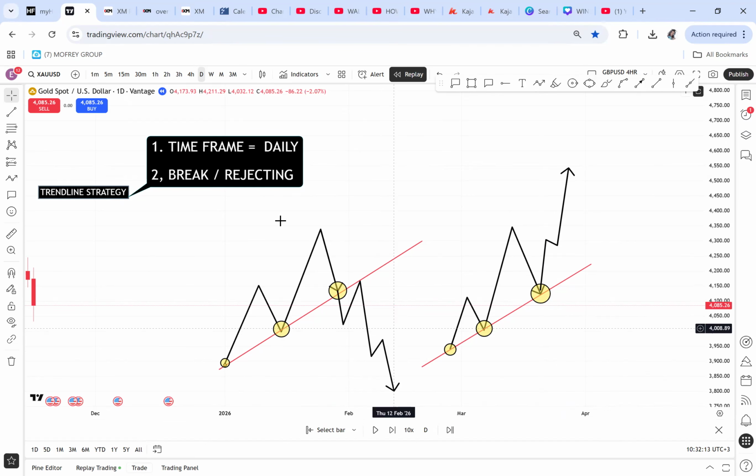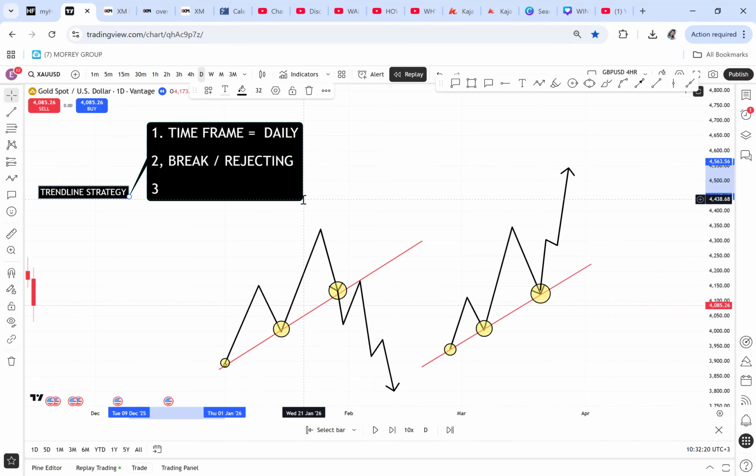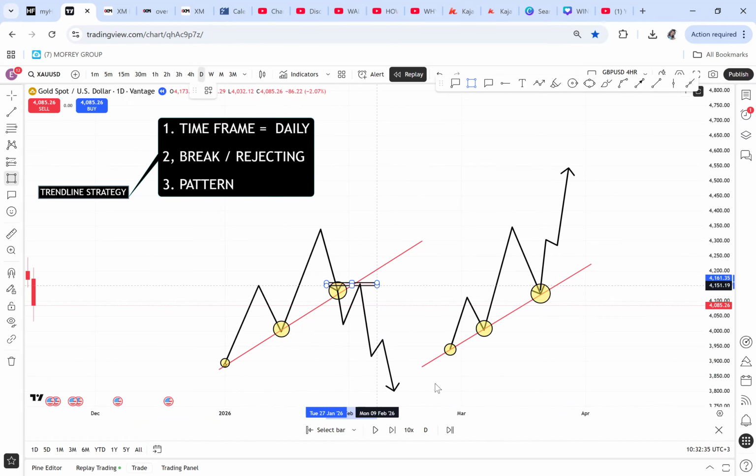Now, it's so simple. Once you identify that, you will use a pattern in your trend line for accurate confirmation. Why? Because if the trend line is breaking and coming to retest, you are looking for a double top.